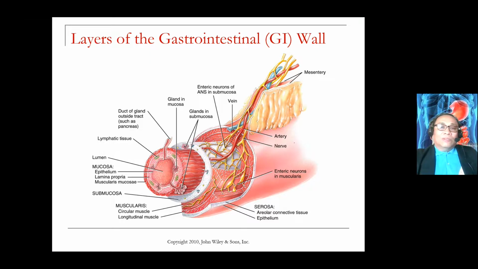Okay, ulitin natin. So, unang-una yung mucosa. Yung mucosa. This is the epithelium. Then, the next layer would be the submucosa. Ito siya.